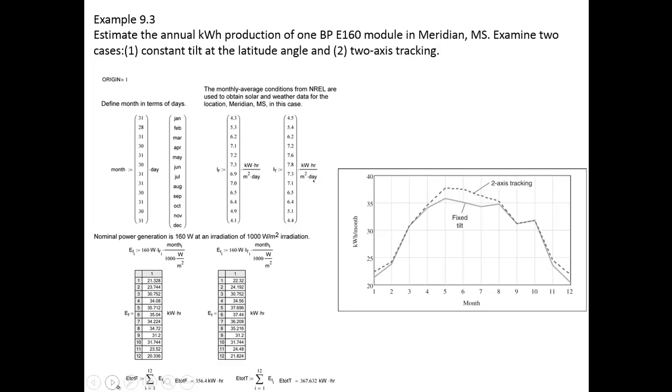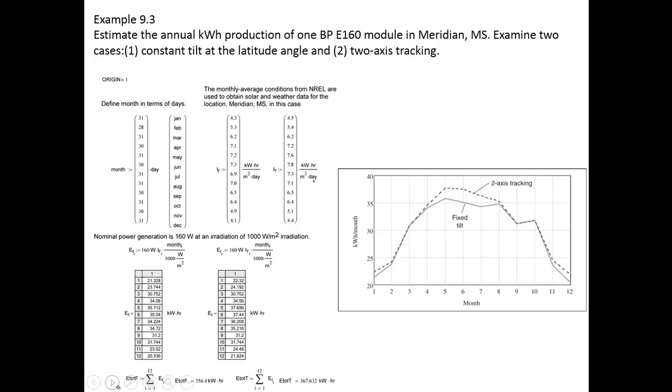So the production of one module in Meridian, Mississippi. Examine 2 cases: a constant tilt at the latitude angle and a 2-axis rotation. So this is looking at taking a photovoltaic cell and following the path of the sun.